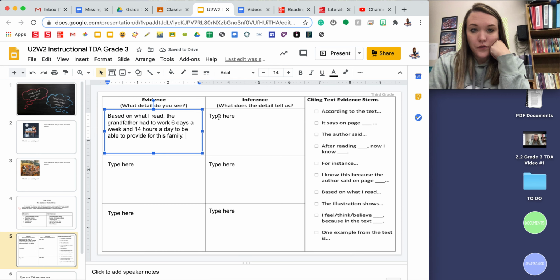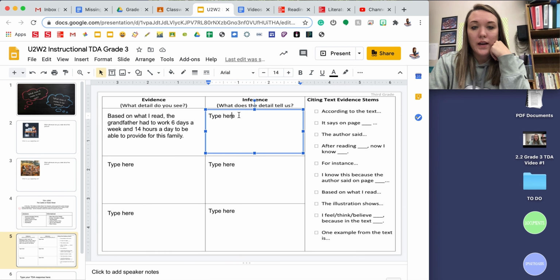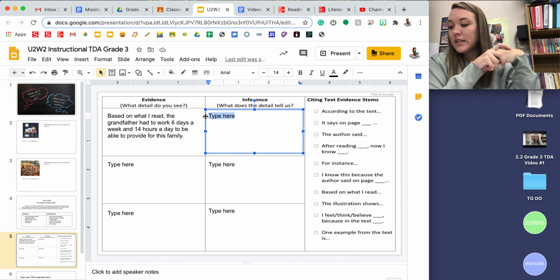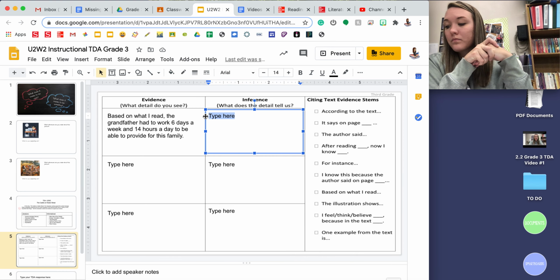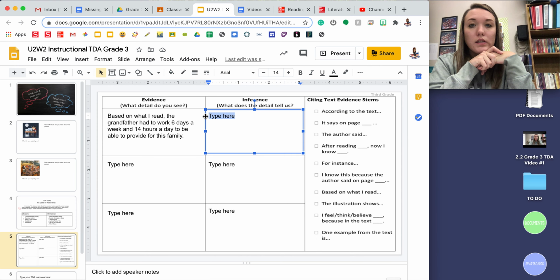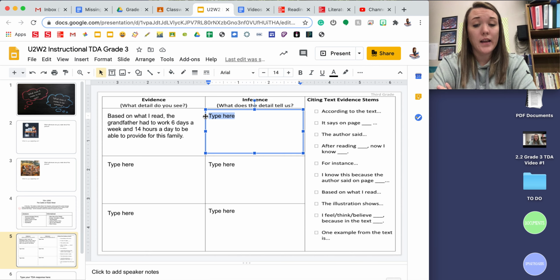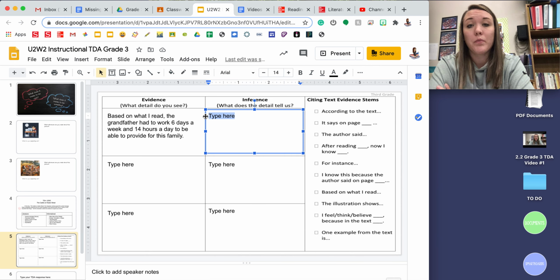Now for inferences, I need to explain what that detail tells us. So what does that detail tell me? This detail tells me that he is willing to do anything for his family to make sure that they are provided for. It didn't matter if it was raining or snowing.